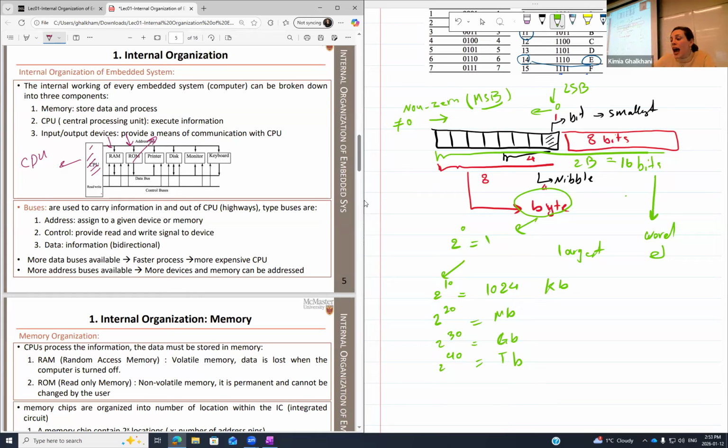So RAM is using the address bus here. Look at here, RAM is connected to the address bus, which is one of the minor parts. The address bus is a line of communication between RAM and the input output devices. Sometimes we call it an electric line or circuit line.